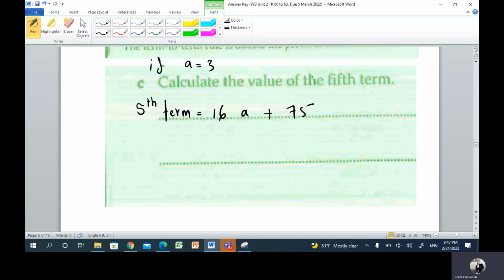So if a is equal to 3, let's substitute the value of a here. 16a means 16 times a. So it will be 16 times 3 plus 75. 16 times 3 is 48, plus 75, and the answer will be 123. And this is how we find the fifth term.